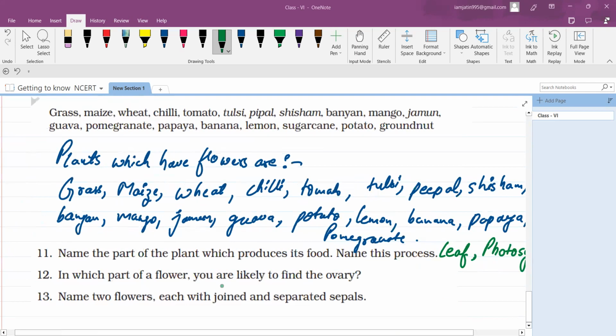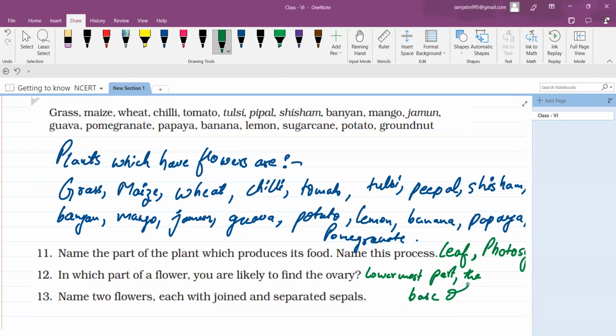In which part of a flower are you likely to find the ovary? It is found in the lowermost part. That is the base of the carpel.